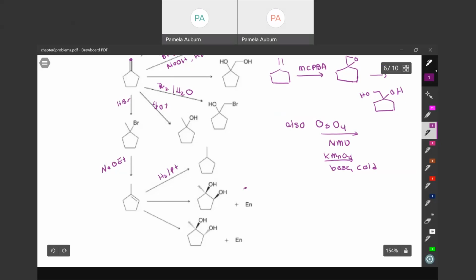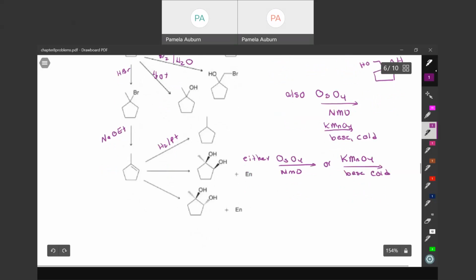So either here, and then in the one below, I'm forming the trans diol. And so this is metachloroperbenzoic acid, and then acidic workup.